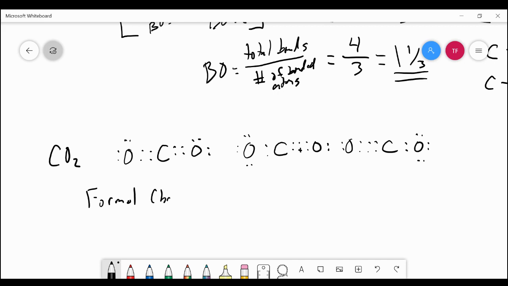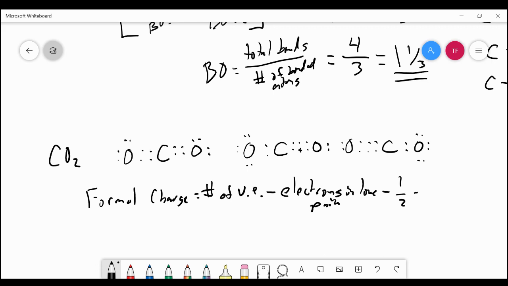And the way that we calculate formal charge is for each atom, we take the number of valence electrons that the atom has, we subtract the electrons in lone pairs, and we subtract half the electrons in bonds.